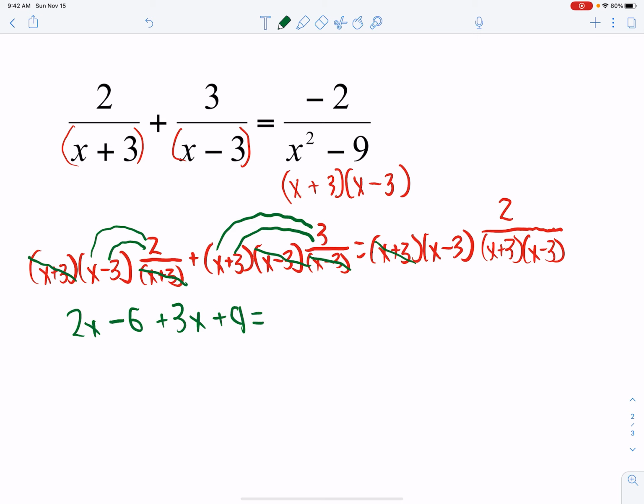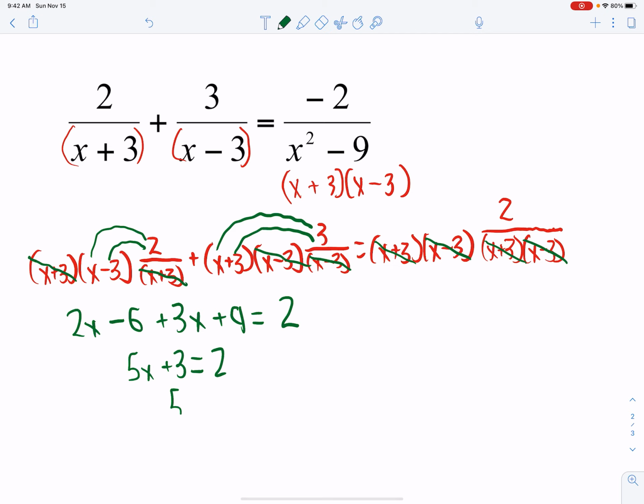And on the right side, x plus 3 and x plus 3 cancel out, x minus 3 and x minus 3 cancel out, and we're left with 2. So here I think you can really see why we do this, getting rid of the fractions. For most people, this equation is so much easier to work with than the one that has the fractions up there. So now we combine the like terms and we would have 5x plus 3 equals 2.